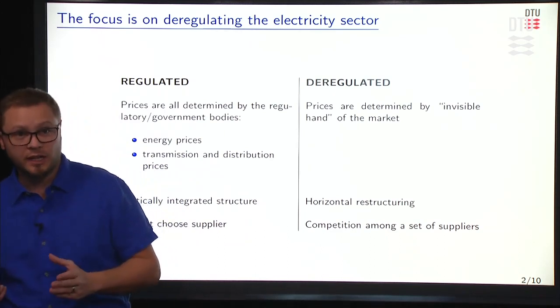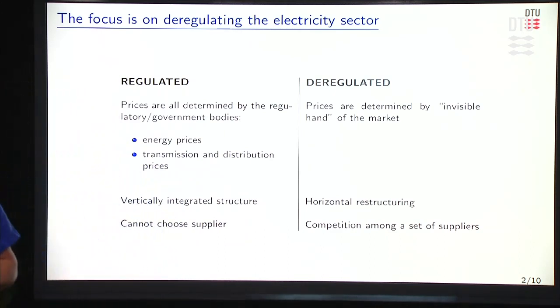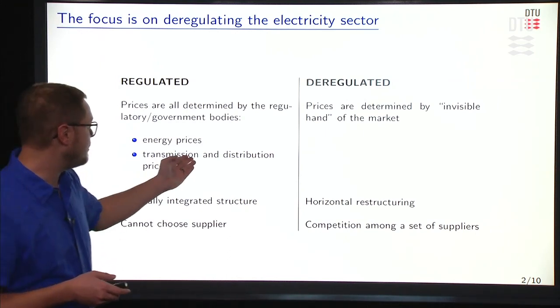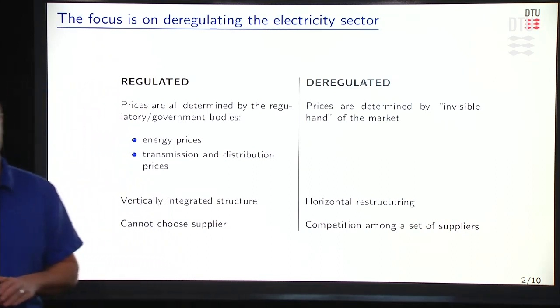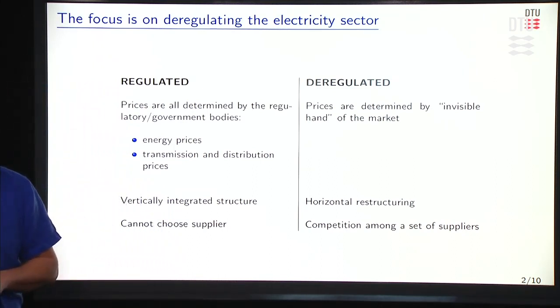In the deregulated system, we believe that the free market is going to help derive right prices, and this is this invisible hand of the market that will permit to determine the price for energy, which is the most important concept in deregulated energy markets. And possibly there could be a free market so as to determine the price for transmission and distribution usage.